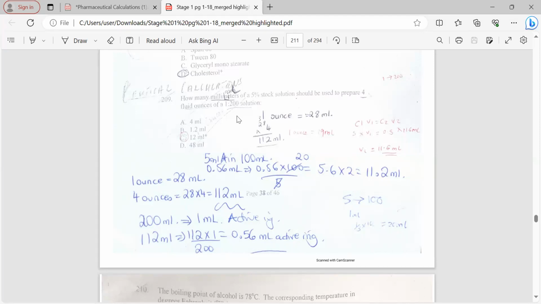Then it's asking how many milliliters of a 5% stock solution. When it's 5%, we know it's 5 ml in 100 ml. It could be 5% volume by volume. What of now our 0.6 ml in this stock solution? Then you'll use 12 ml of the stock solution to prepare the 4 fluid ounces.